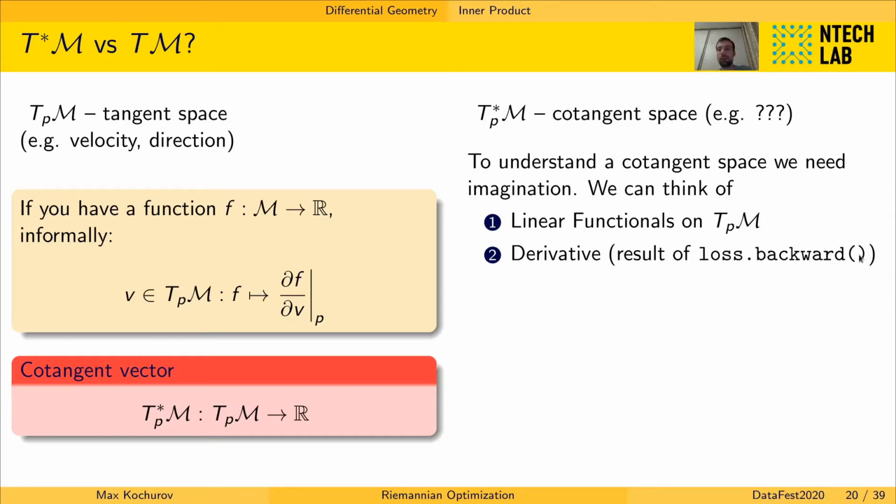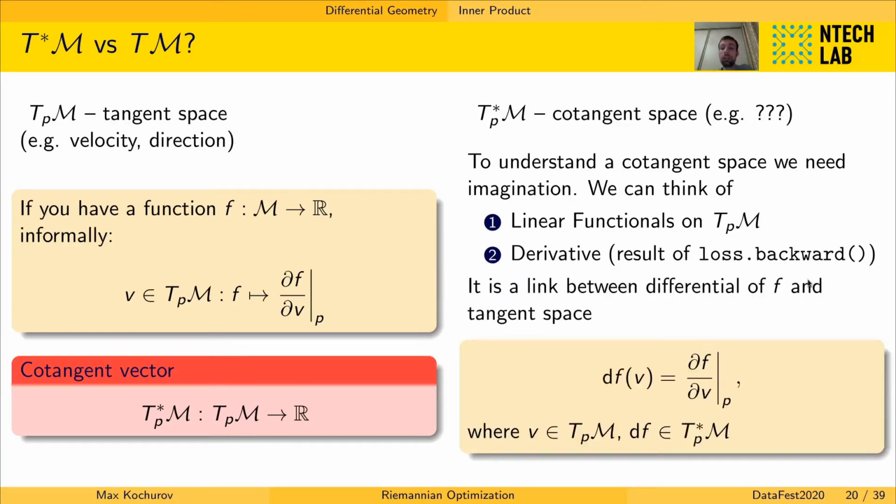It's the geometry of the space, Euclidean space, that makes these two spaces identical to each other. And the link between the differential of f and the tangent space, so what connects the tangent vector and the cotangent vector, is the following identity. So v is from the tangent space, and df, the differential, is from the cotangent space.